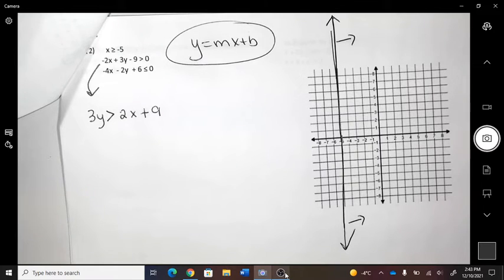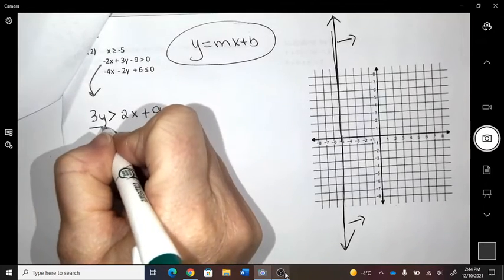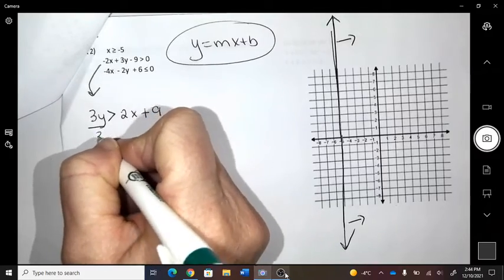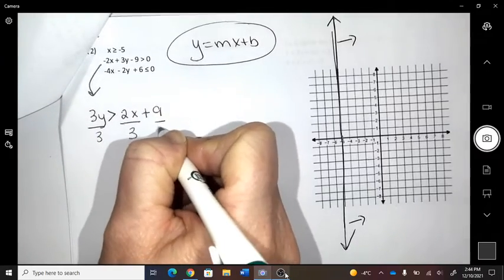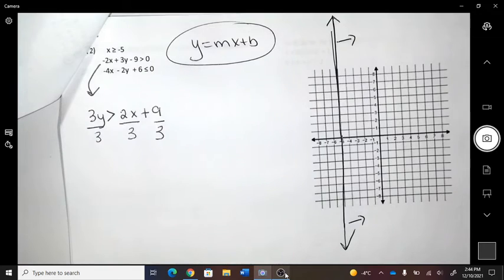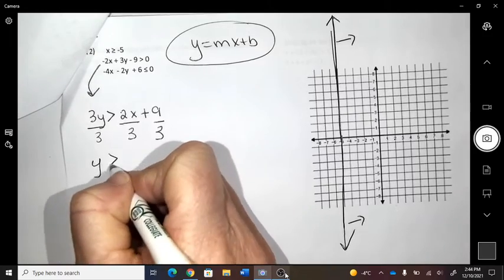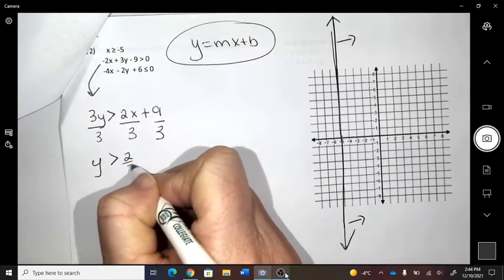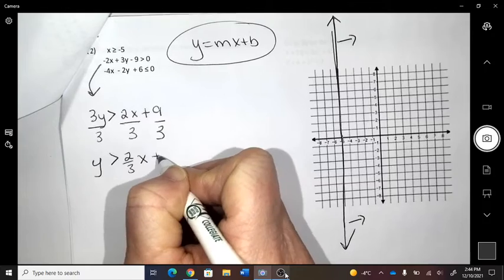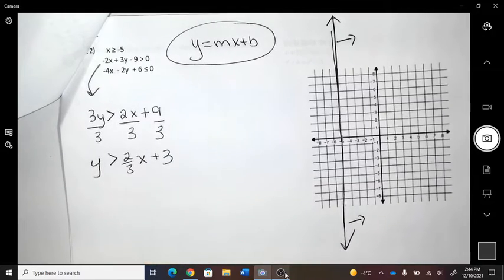Now what? Divide by 3. Do you know that I'm going to have to divide everything by 3? So it's going to look like y is greater than 2/3 x plus 3.